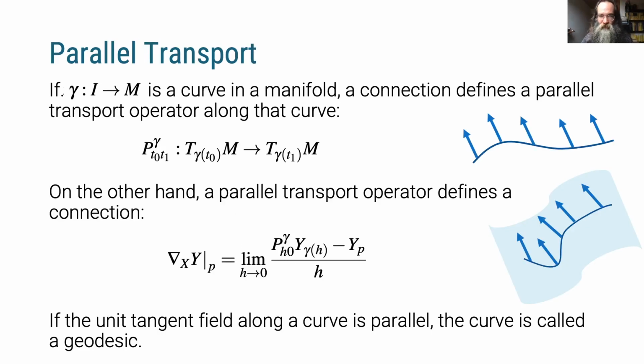Now this notion of a connection actually allows us to define a parallel transport on an arbitrary manifold, at least along a curve. If we have a curve gamma from a certain interval of real numbers to the manifold, then a connection defines such a parallel operator, usually denoted by P, depending on gamma, from a certain parameter t0 to t1, and it is a map from the tangent space at gamma(t0) of the manifold to the tangent space at gamma(t1).